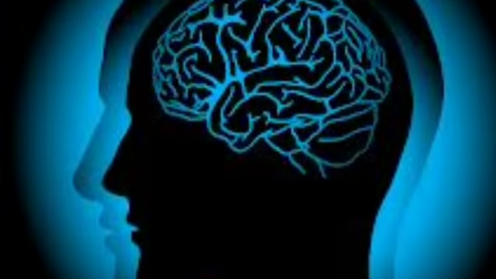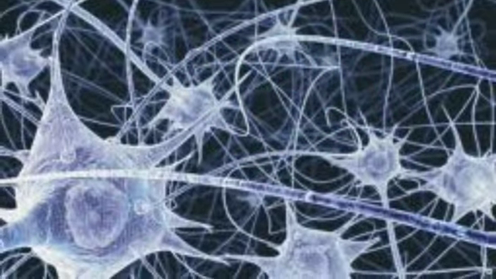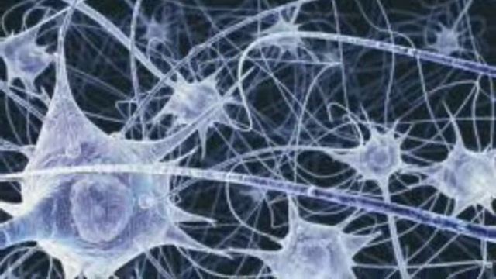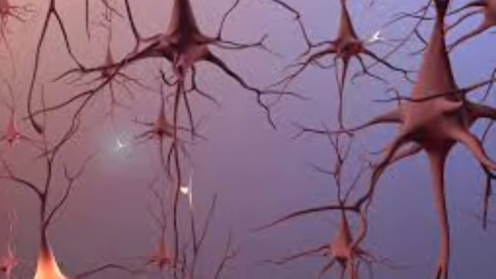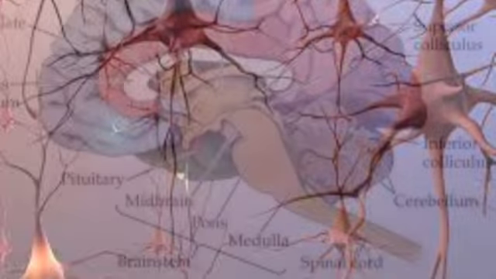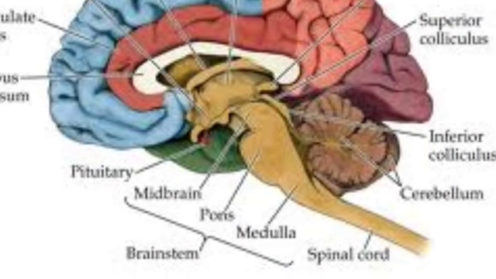Before we get to the text, I want to talk to you a little bit about the brain and how it works. The brain is one of the largest and most complex organs in the human body. It is made of more than 100 billion nerves that communicate in trillions of connections called synapses. Now, there are different parts of the brain.